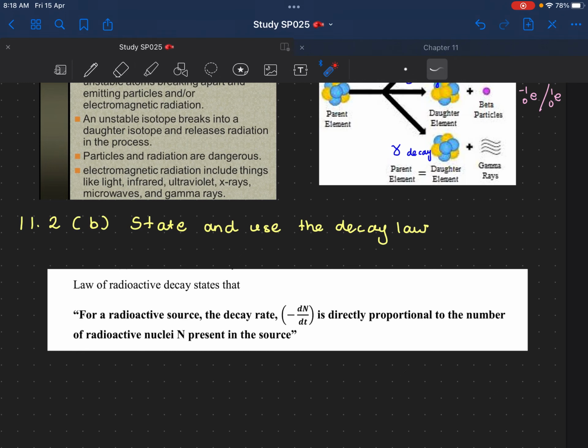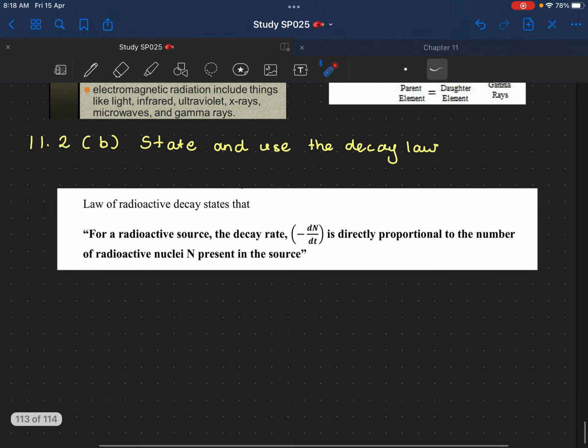So the first one that you have to learn adalah state and use the decay law. So kita tengoklah apa itu decay law. So law of radioactive decay cakap for a radioactive source, so must be a radioactive source because the radioactive source yang very unstable dan mereka akan buang some of the particles. So the decay rate, kadar pereputan tu is directly proportional to the number of radioactive nuclei present in the source.